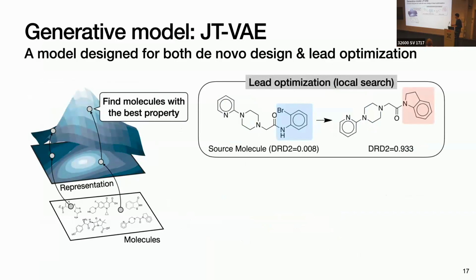For the generative model, I will talk in a bit more detail about how we generate a chemical structure. This is a model that we developed a while back called the junction tree variational autoencoder, which we applied more recently to this generative antibiotic design problem. We modified the original JT-VAE framework so that it can do lead optimization, where if you have a hit from your experimental screen, you can optimize it to improve its activity.